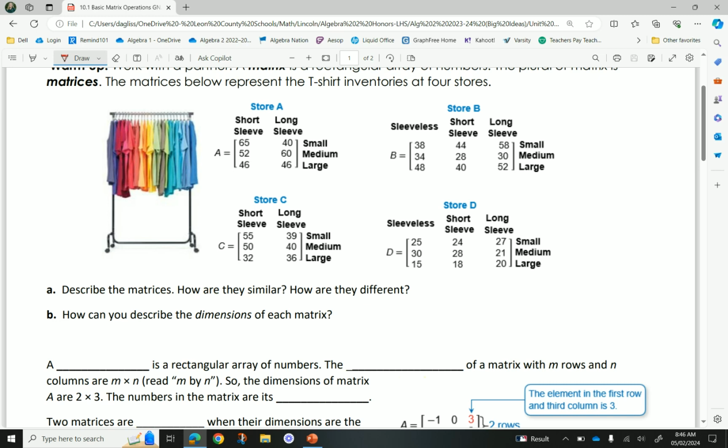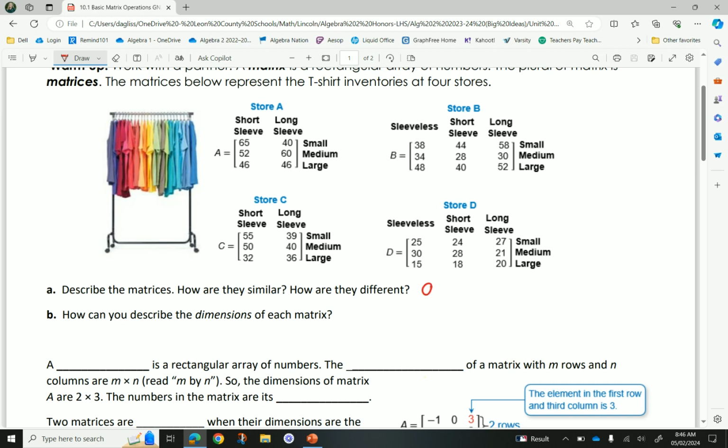Think of other words for that. A column or a row. Yes? So do we agree that they all have the same category for rows, the small, medium, large? Yeah? But store B and store D have an extra column for sleeveless? Do you agree with those observations?